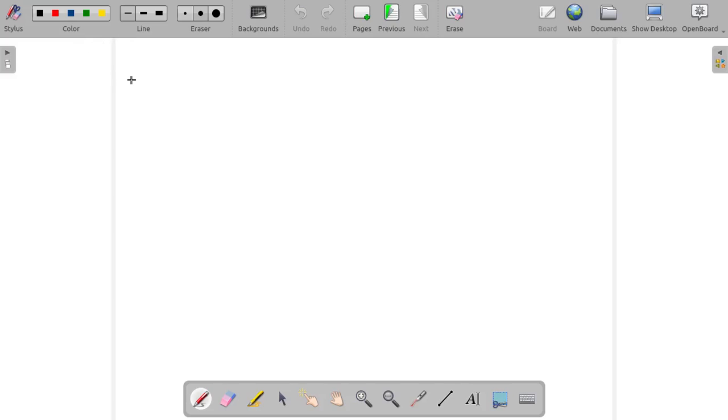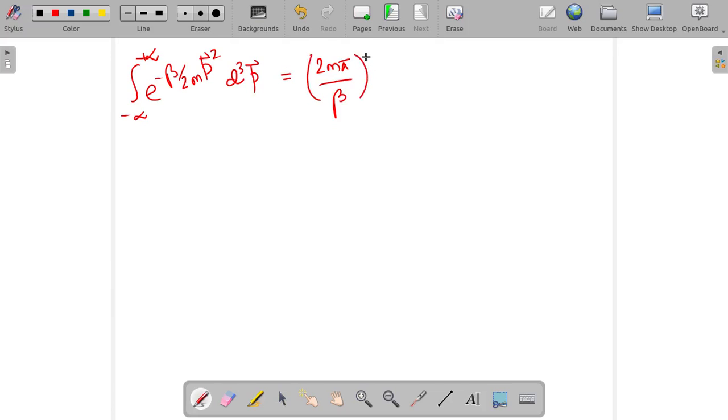And finally what we get, for any general integral of any particular molecule, it is 2m pi by beta to the power 3 by 2.